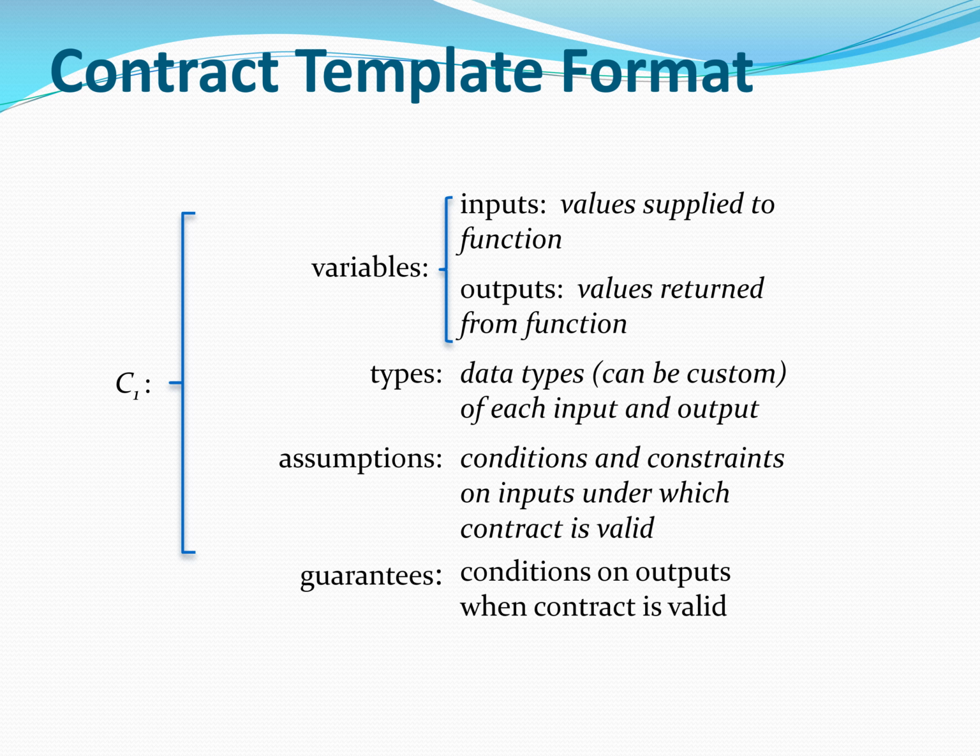For example, they can be scalars, database records, arrays, or structures. The assumptions are the conditions and the constraints on the inputs under which the contract is valid, and guarantees are conditions on the outputs when the contract is valid. If the assumptions aren't satisfied at any moment, then that particular contract is not active.